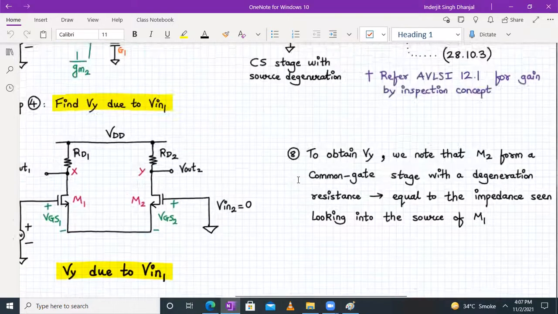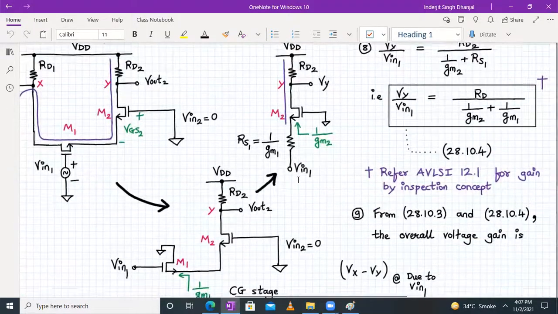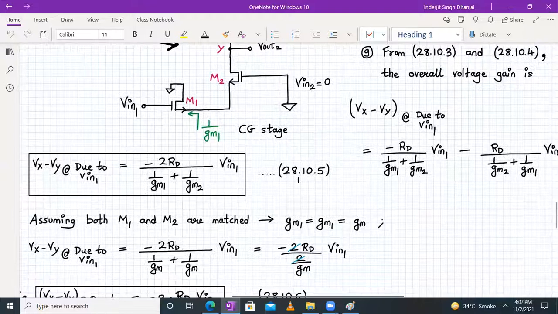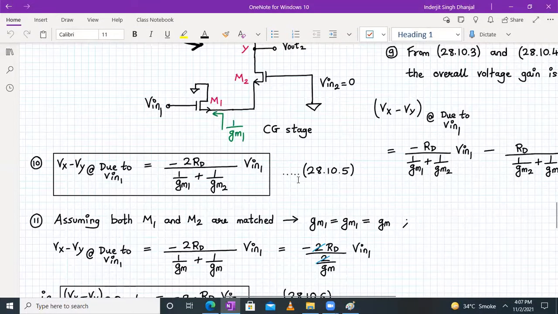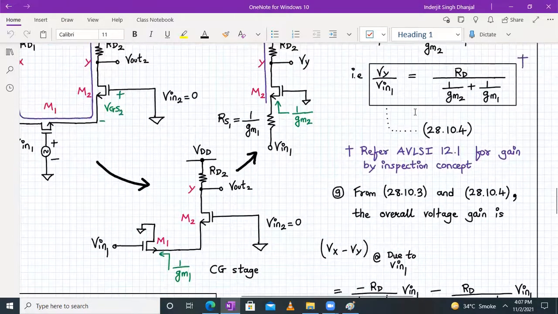Now that we have the value of Vx upon Vin1 and Vy upon Vin1, we subtract them. So Vx minus Vy due to Vin1 can be written as minus twice RD divided by 1 upon gm1 plus 1 upon gm2, the whole multiplied by Vin1. That's what we get over here, right?